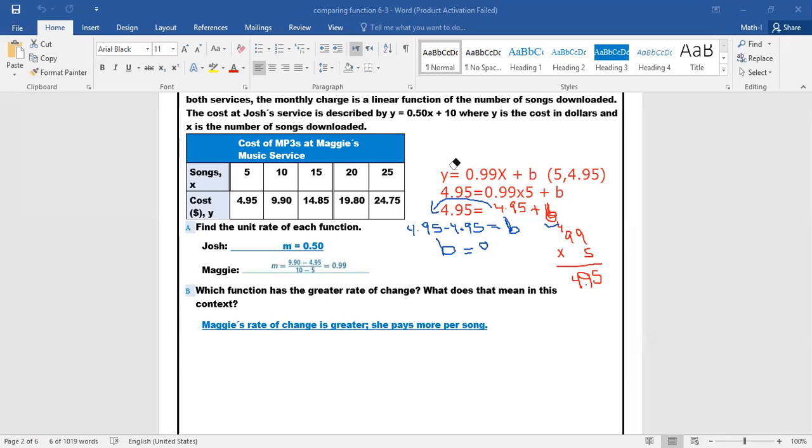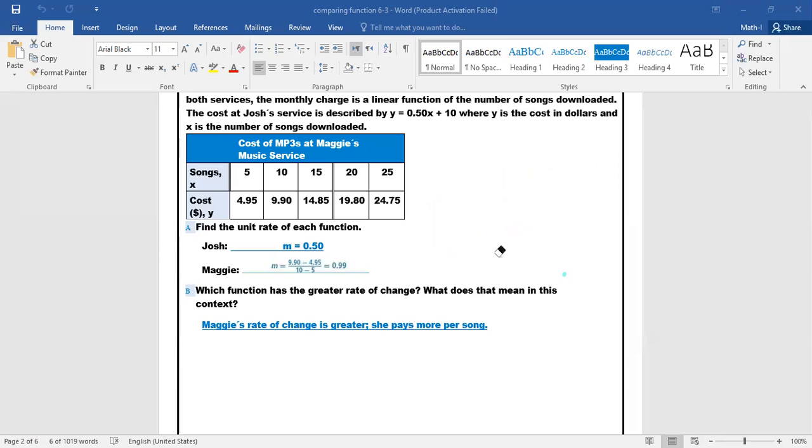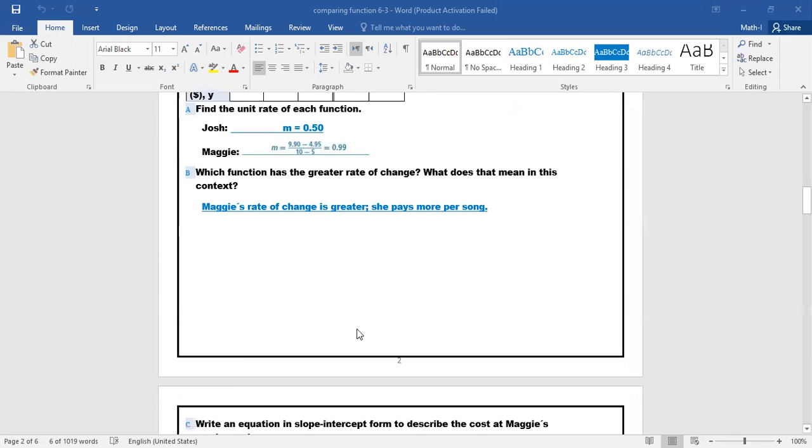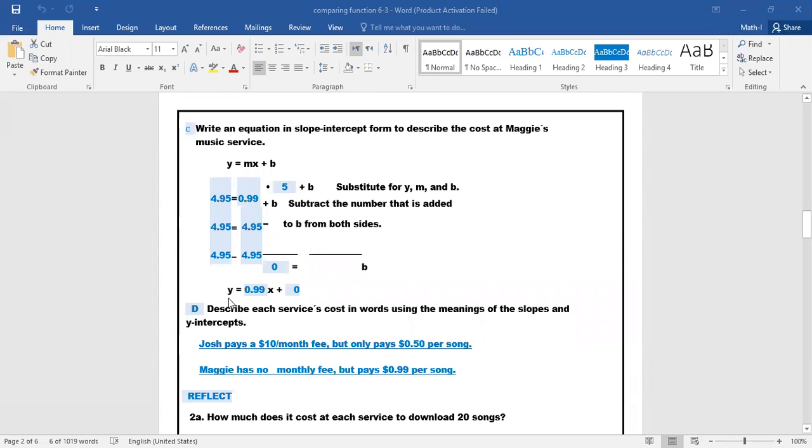Y equals 0.99x plus 0. I can write plus 0, but we can cancel plus 0 because the y-intercept equals 0, which means by the end, our equation will be y equals 0.99x.